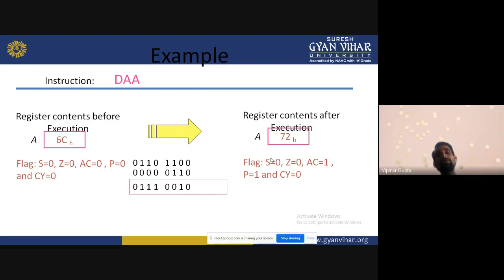This operation is performed only on the accumulator. Suppose 6CH is given in the A register. Like that I am writing one program, move immediate A comma 6CH. Then what are we doing?